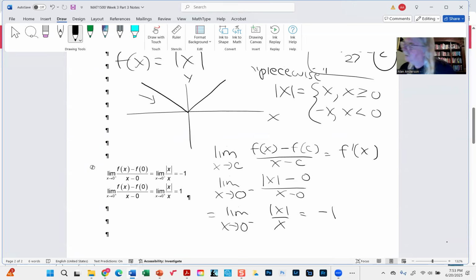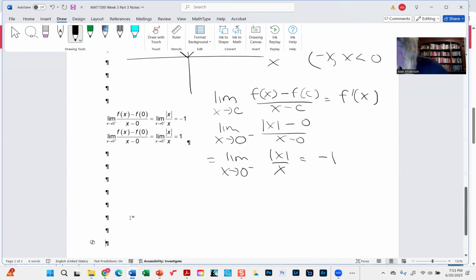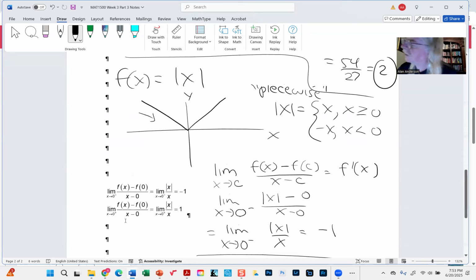Okay. And then if we do the same thing coming from the right, it equals +1 because again, if you're coming from this direction, the slope of this is +1. So the two are different from each other, and therefore the derivative at that point does not exist.